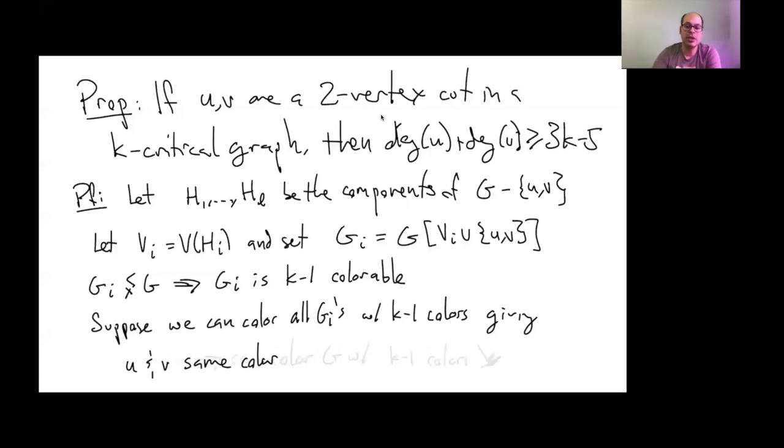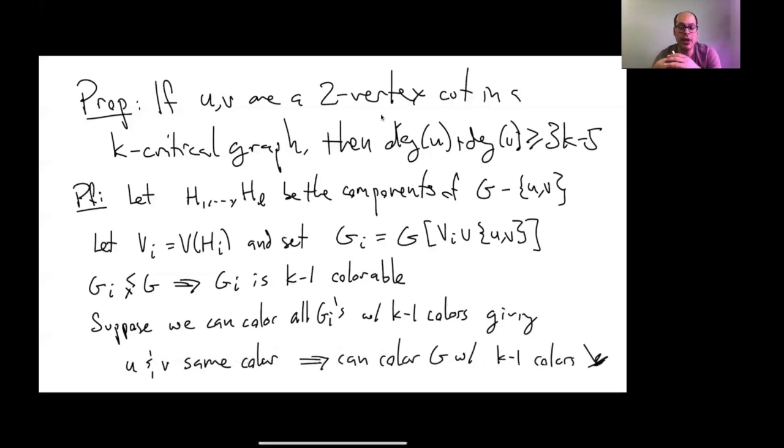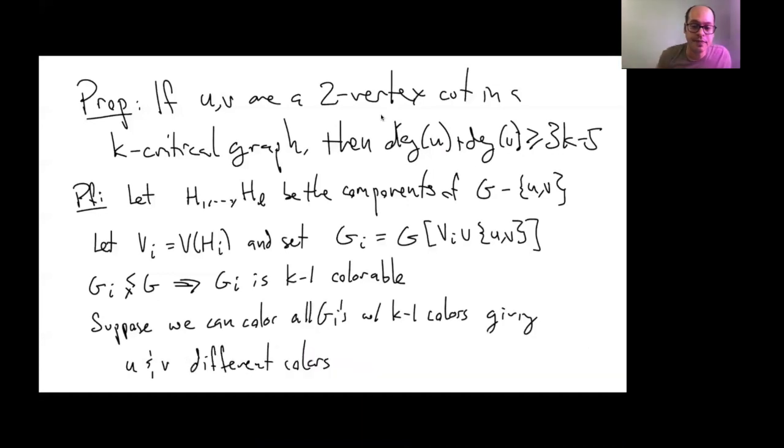Well, in that case, we could shuffle the colors on each Gi to make them agree at those two vertices, and we'd be able to color our original graph with k-1 colors. But that can't be true because the chromatic number of the original graph is k.